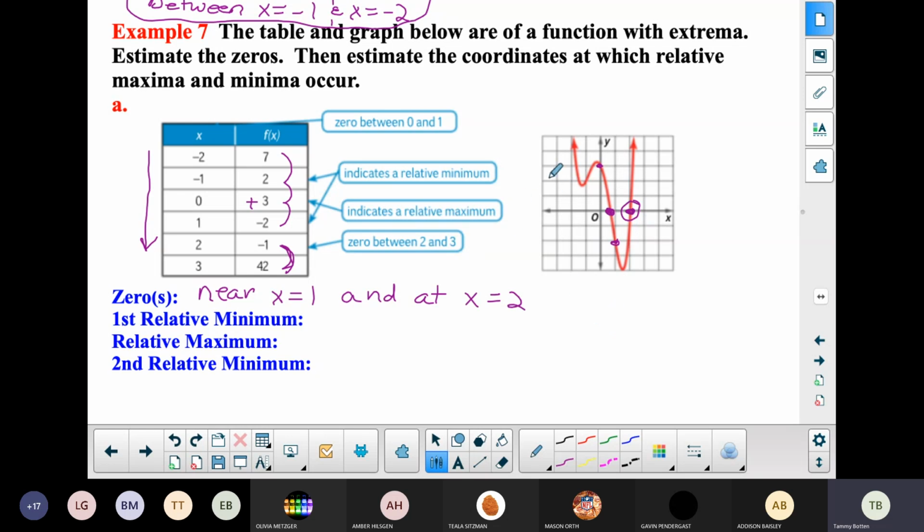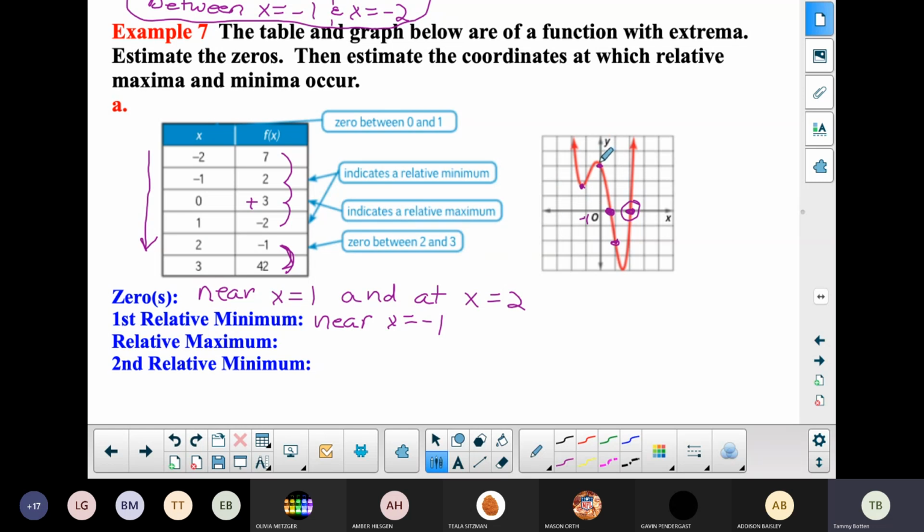Then they want us to say, where is this first relative minimum? Okay. Now, again, that's not right at an x value, but it's close to x equals -1. So I would say this is near x equals -1.